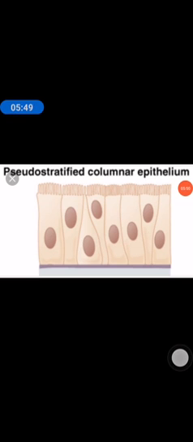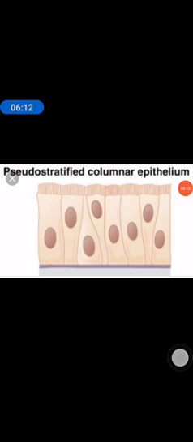Now, what are the characteristic features of pseudostratified columnar epithelium? Cells are arranged in a single layer but seem to be multilayer. It seems to be multilayer because of different cellular height and different nuclear level.